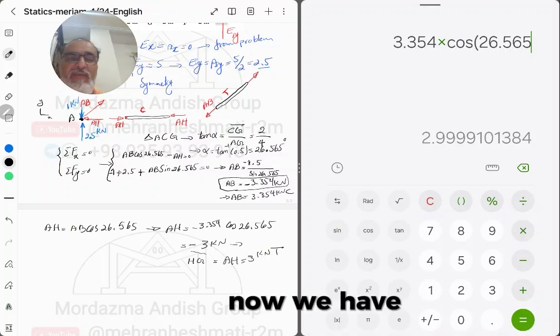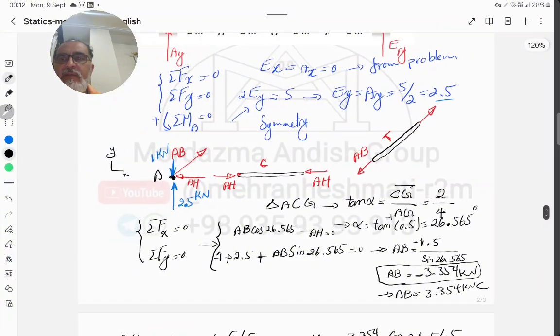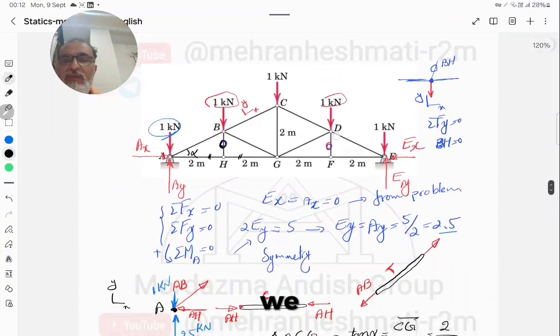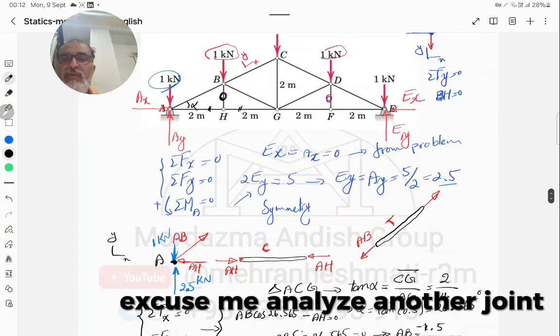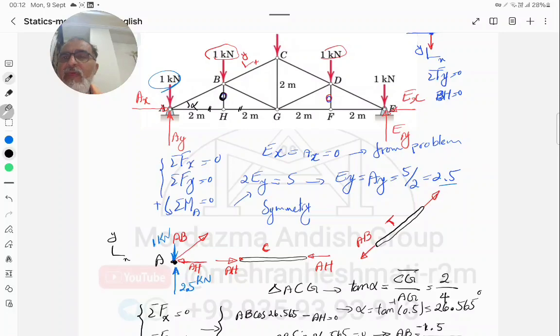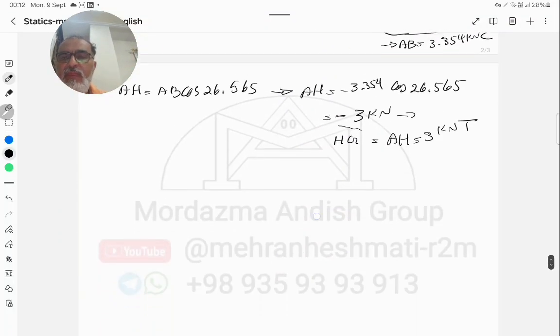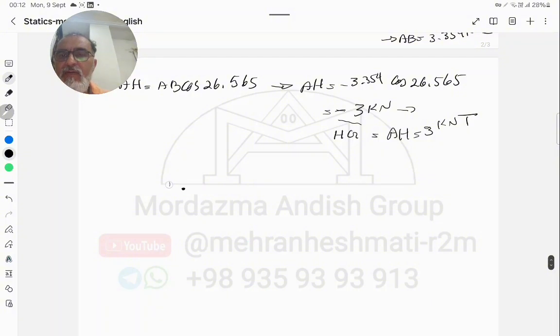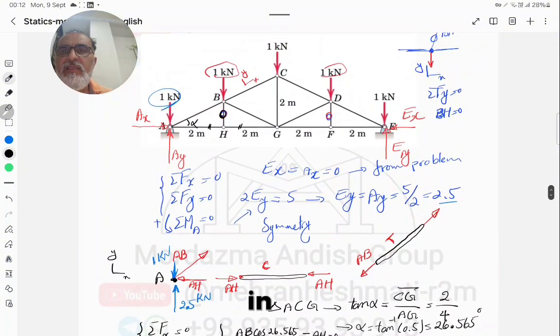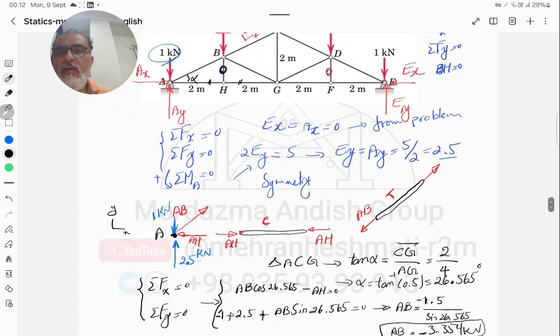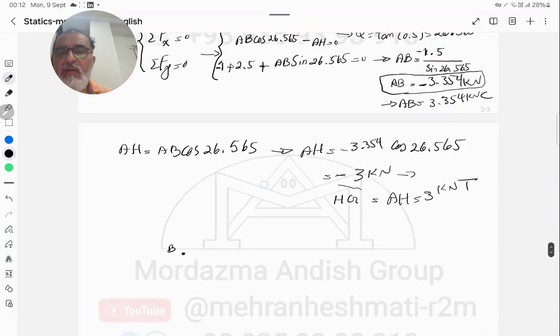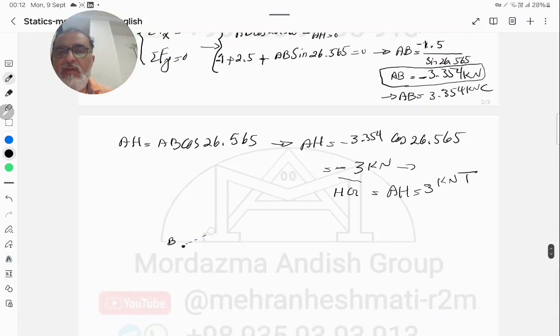Now we have to analyze another joint. Go to B. And in the joint B, we have these two directions.